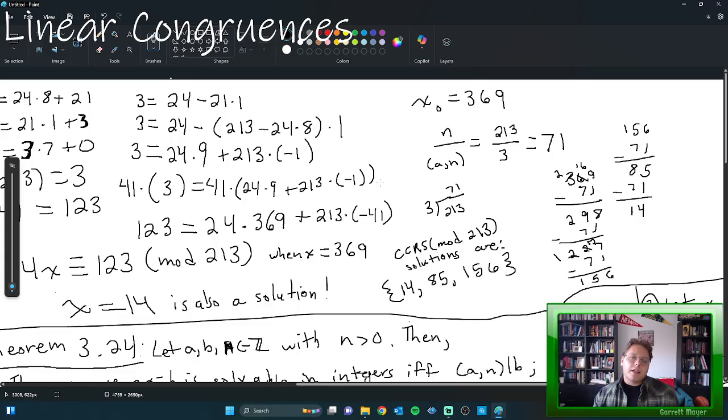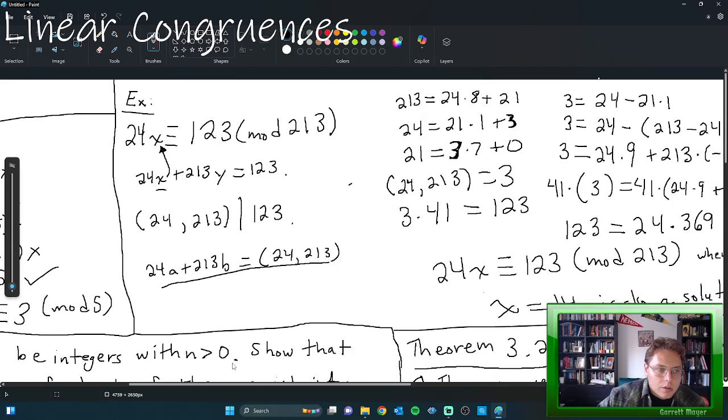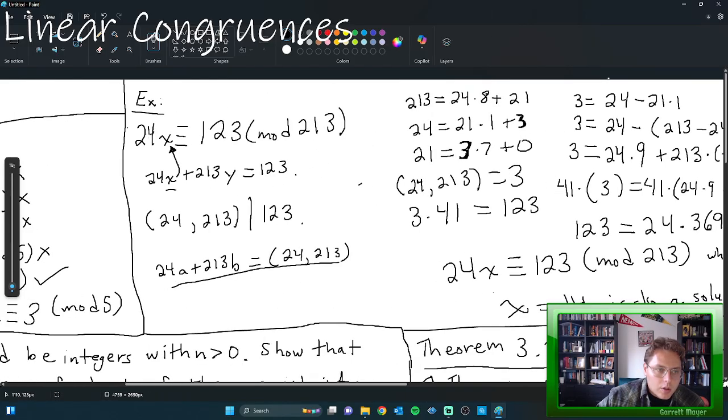And then everything that is congruent to one of these solutions is going to give us another solution to this linear congruence here.